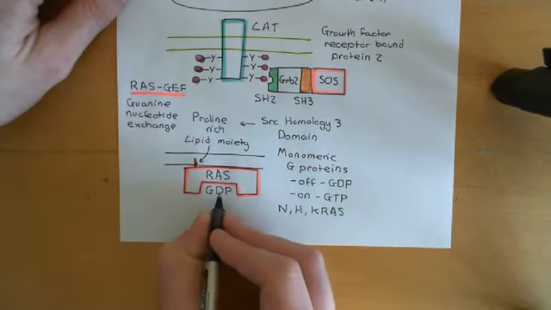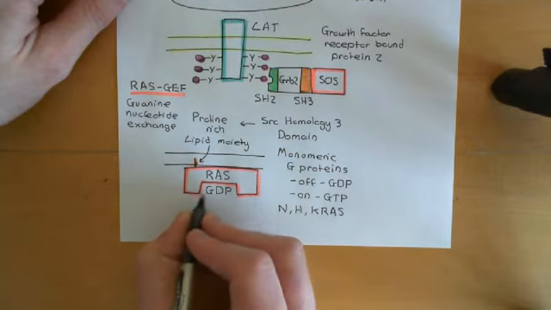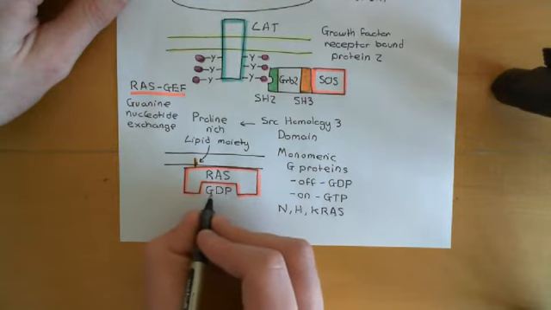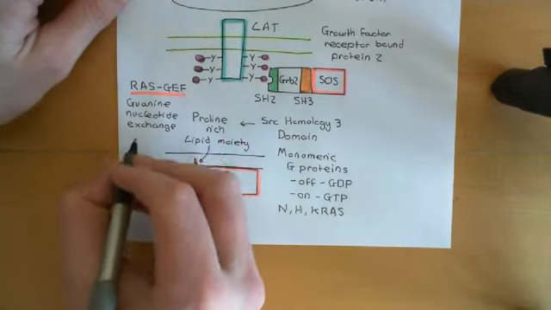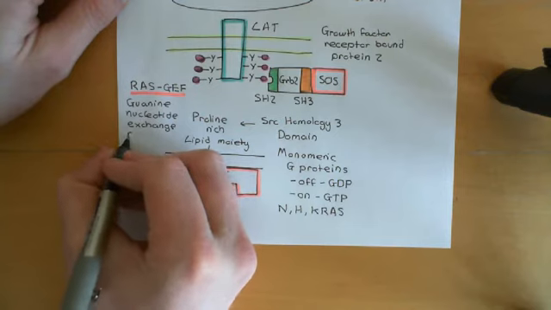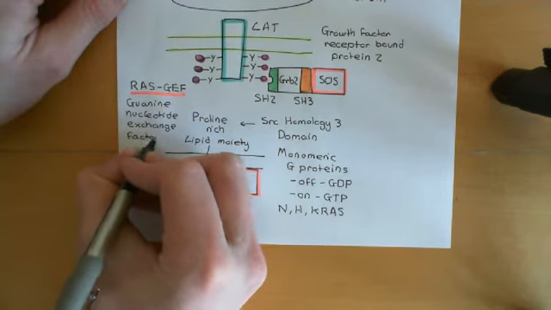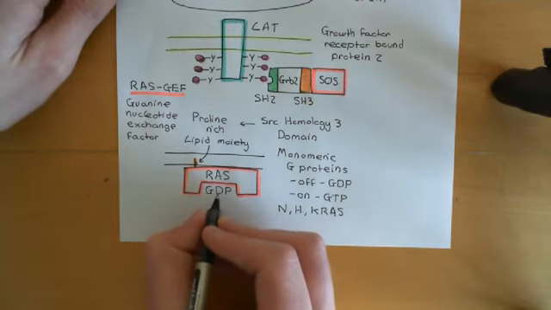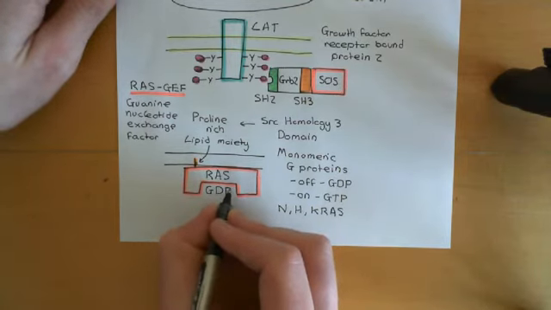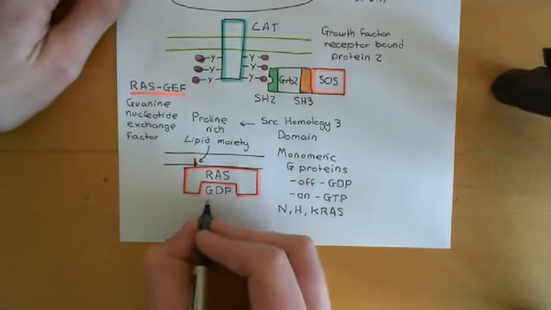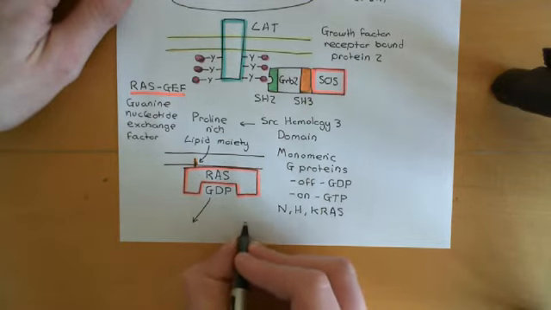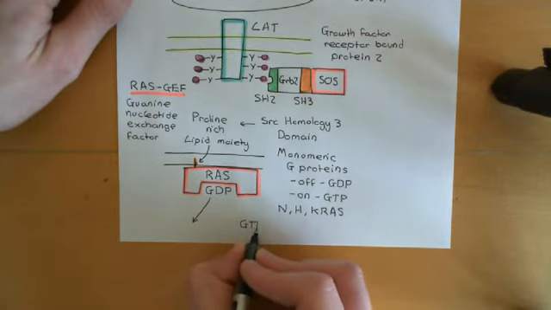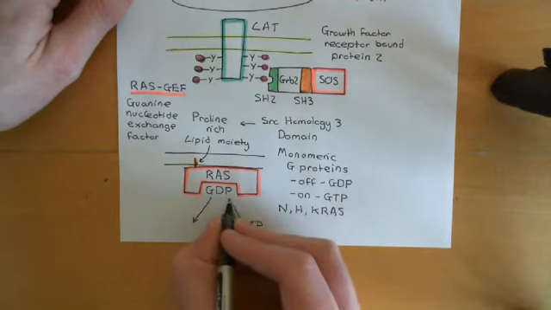Okay, Ras is currently in the off state. It's currently not doing anything because it's got the GDP bound. Ras-GEFs, Ras guanine nucleotide exchange factors, are going to bind to the Ras monomeric G proteins and catalyze the exchange of the guanine nucleotide here, catalyze the exchange of guanosine diphosphate for a guanosine triphosphate molecule from the cytoplasm.